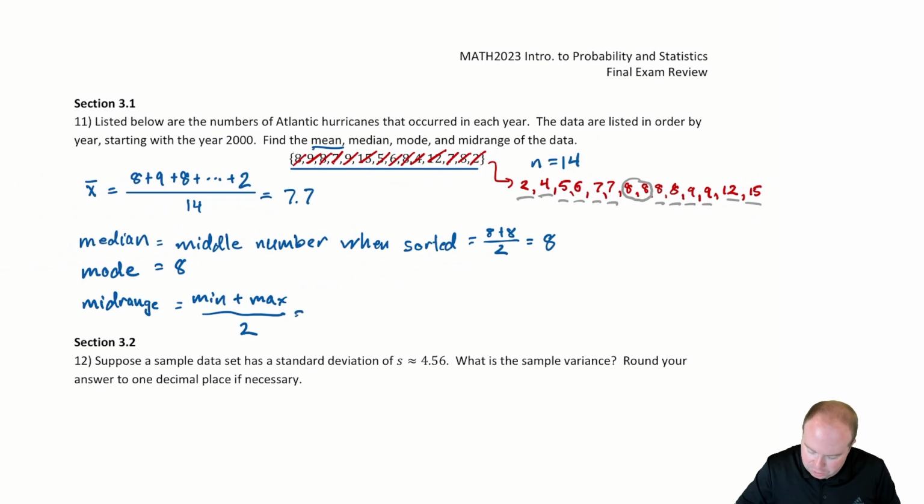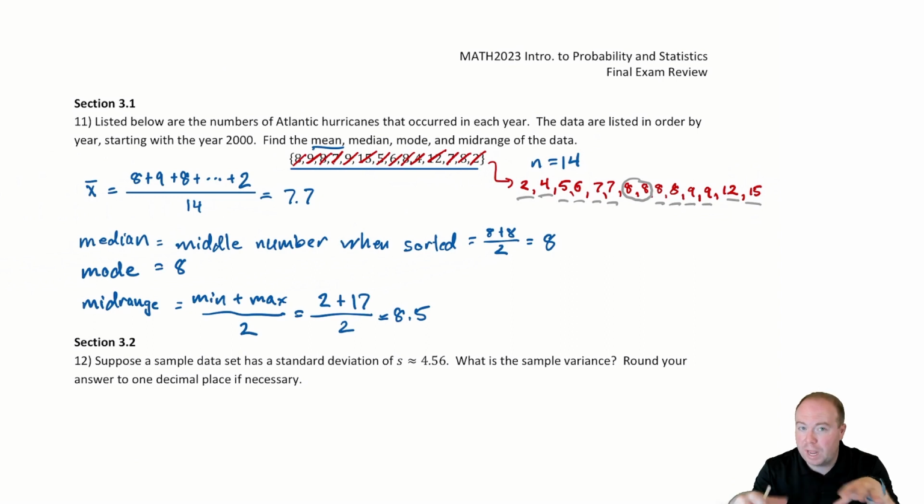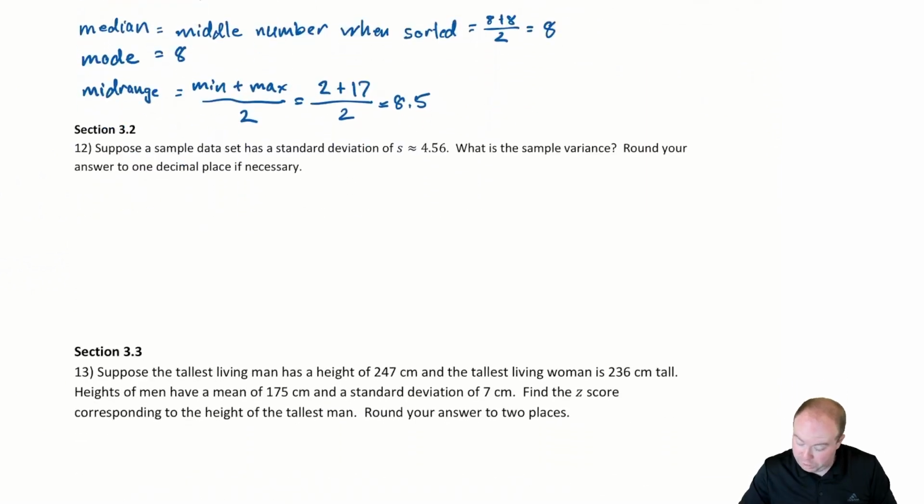So the smallest number is 2, the largest number is 15, divide that sum by 2, and you end up with 8.5. Be careful here. We were not asked for the range. The range is the max minus the min, which of course is going to be 13. And 13 is not in the middle, so it really wouldn't be classified as a measure of central tendency. That's a measure of variation. I think we have one of those down below. We don't. Anyway, just FYI.